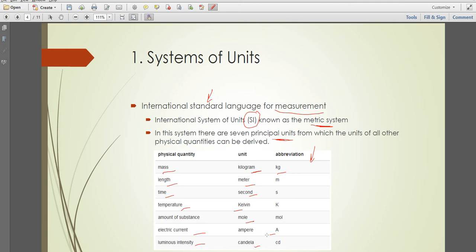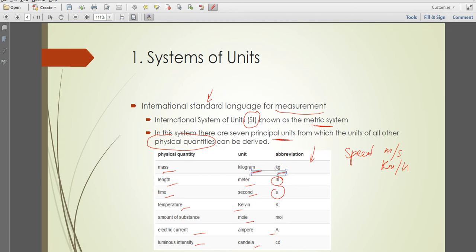Just as an example, by combining these we create some physical quantities. For example, speed is a combination of length and time, which is meter per second. If you drive your car, it will be kilometer per hour, for example. So we combine this one and this one to define the unit of speed as a physical quantity.